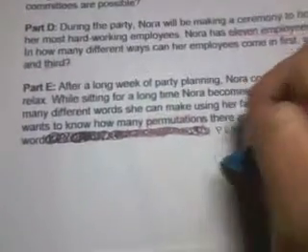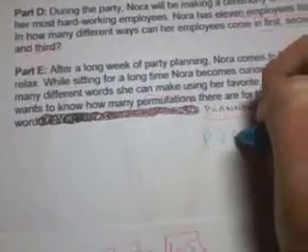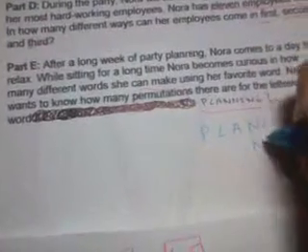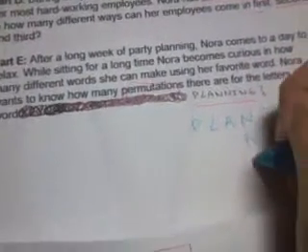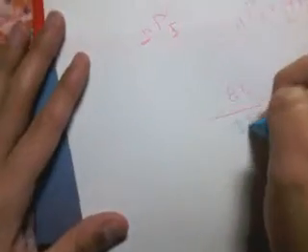Now we're going to find from this word how many letters are repeated. So we have P, L, A, N, another N, I, N, G. So we only have one letter that is repeated 3 times. So it's going to be over 3! since that's the repetition.